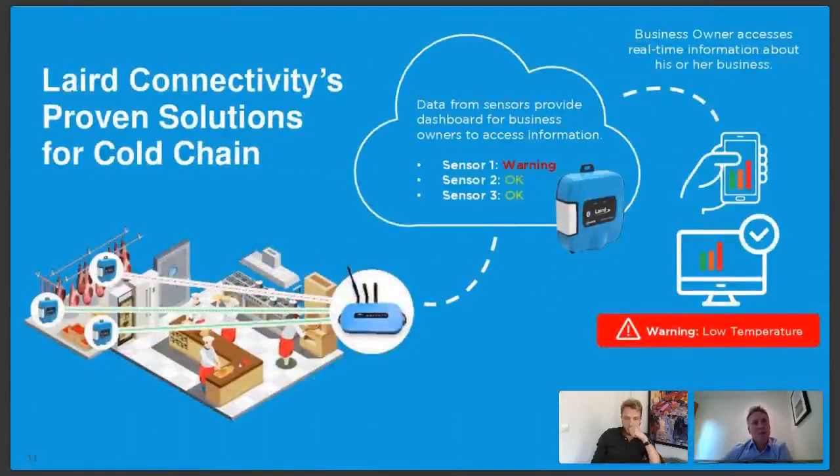If you then look at it from a solutions perspective, what is it that Laird Connectivity can provide for these environments? So many years ago, we designed our first LoRaWAN solution, integrating LoRaWAN with Bluetooth Low Energy, BLE, to be able to support what we looked at as short range networks in a wide area perspective.